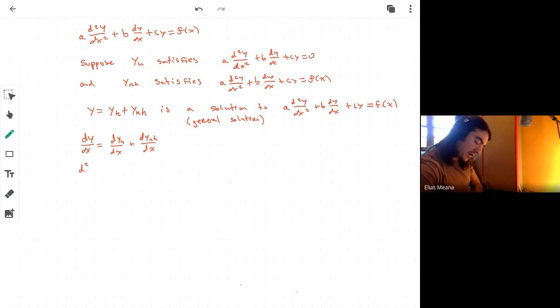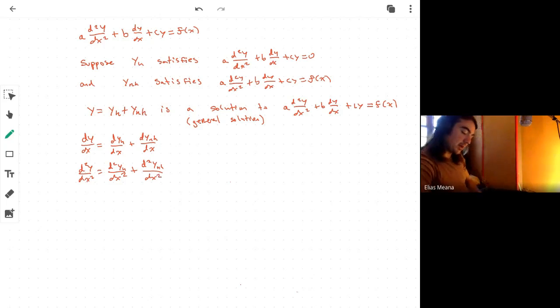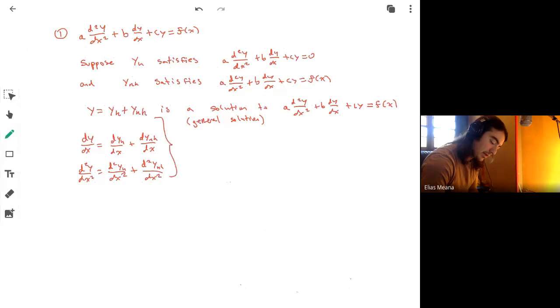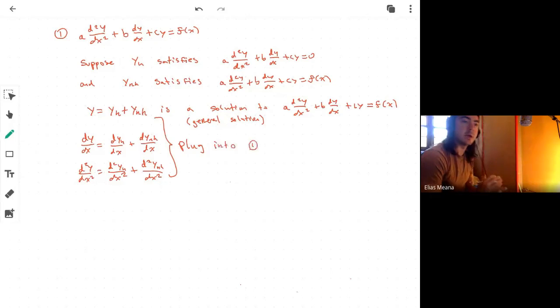The second derivative is just the same thing, right? Okay, we can take derivatives across sums, so there's no problem there. So let's plug all this stuff into the original differential equation. So if this is equation 1, we'll say plug this stuff into 1.